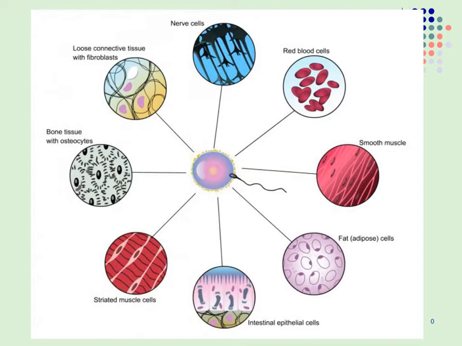This is a picture of some of the cells that you would see in your body. There are two here in the center. Remember, we're all about classification of cells. These are what we call our gametes, or our sex cells. You have your egg cell, which is the female cell, and then you have the sperm cell, which is the male sex cell. And then you have red blood cells.